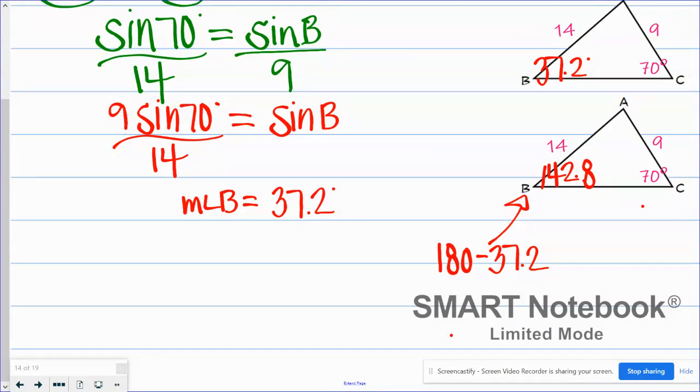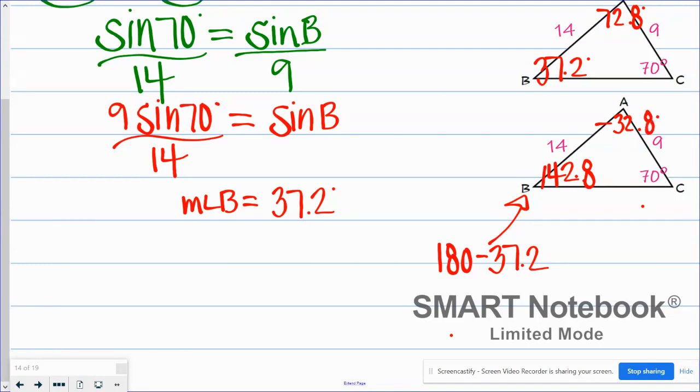Then I go about finding angle A in each triangle, using the fact that all three angles add up to be 180. So in the top triangle, I get that angle A is 72.8 degrees, which is totally realistic. There's definitely one triangle. In the second triangle, 180 minus 142.8 minus 70, I get a negative angle measure, negative 32.8 degrees.